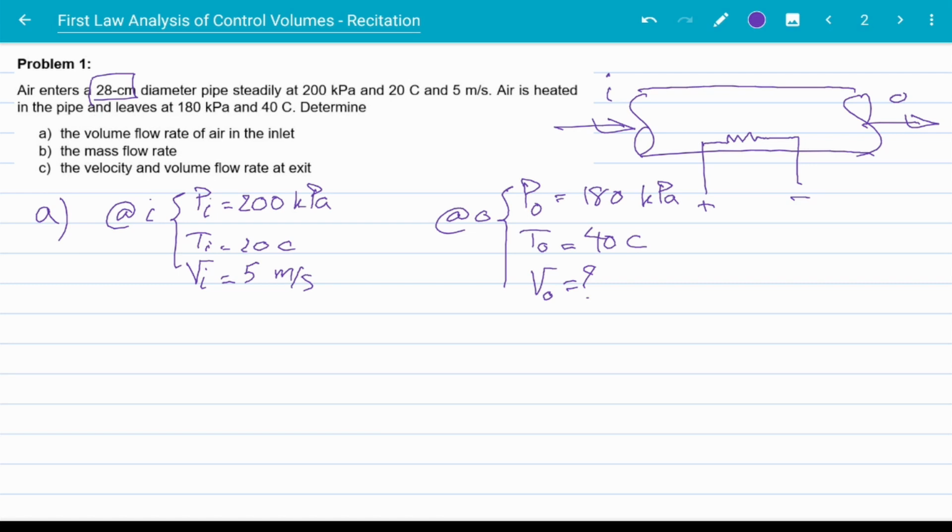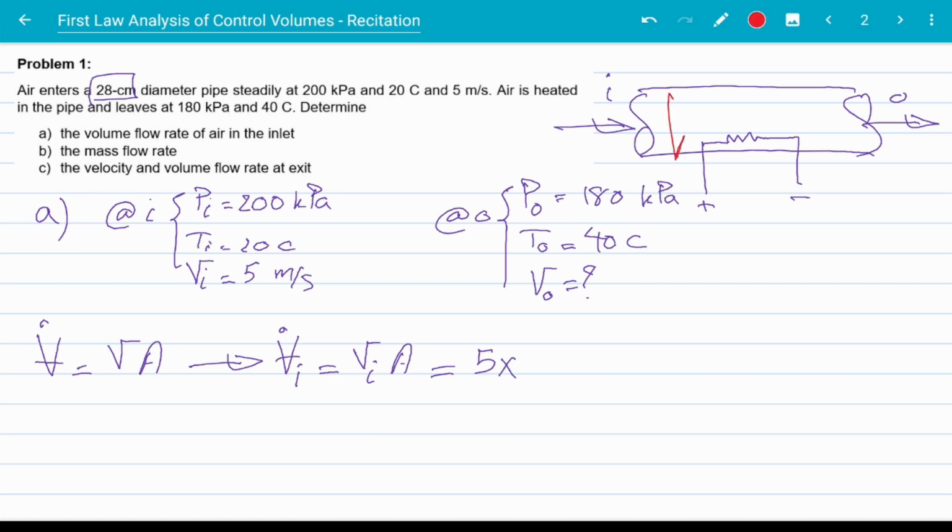Okay, part A asks for the volume flow rate. So volumetric flow rate, which we show with capital letter V dot, is velocity times cross-section area. Now we are looking for the volumetric flow rate at the inlet. So V dot I is velocity at the inlet times the cross-section area of the pipe. Now plug in numbers: we have 5 meters per second times the cross-section area.